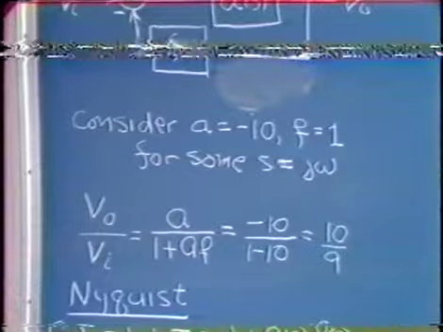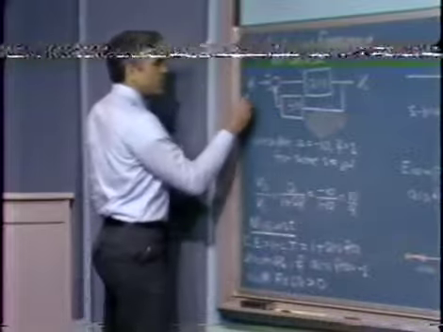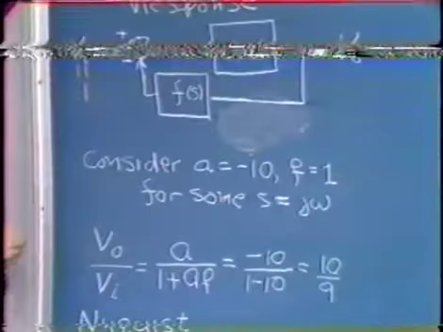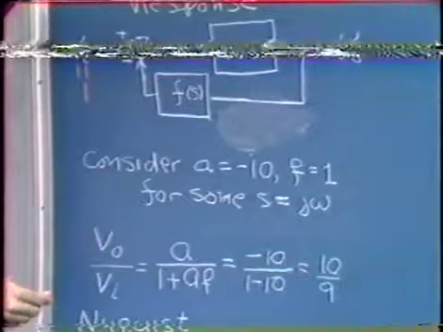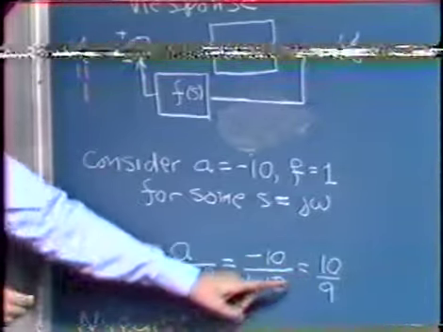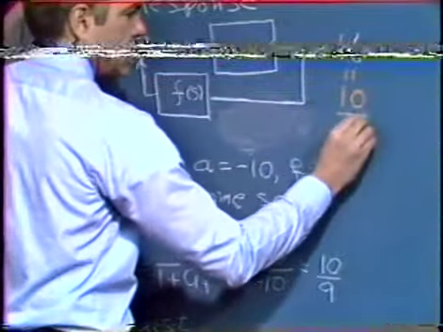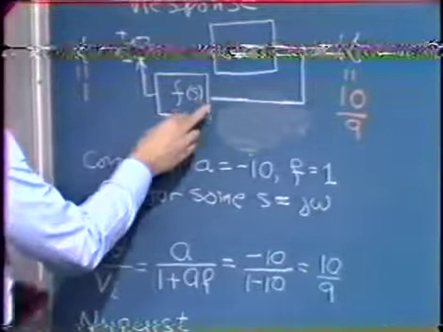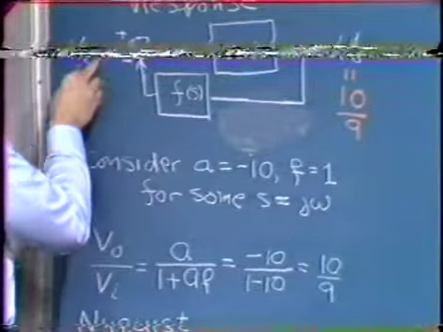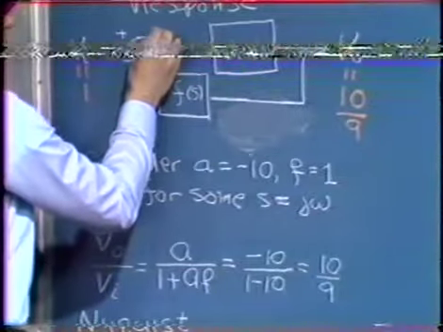That's self-consistent. Let's consider what happens when we put in an input, for example, of 1 unit. Our equation, if it's correct, tells us that the output will then be 10/9. And let's see, when we subtract the 10/9 from the 1 unit, we'll get minus 1/9.